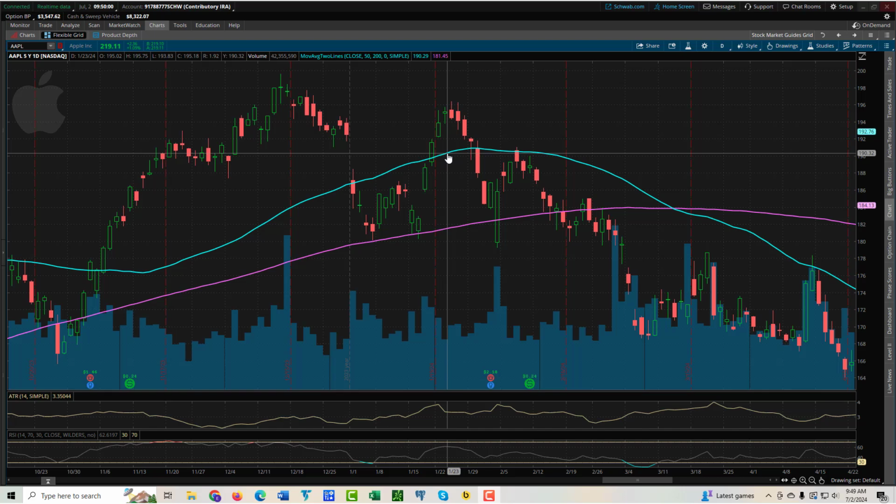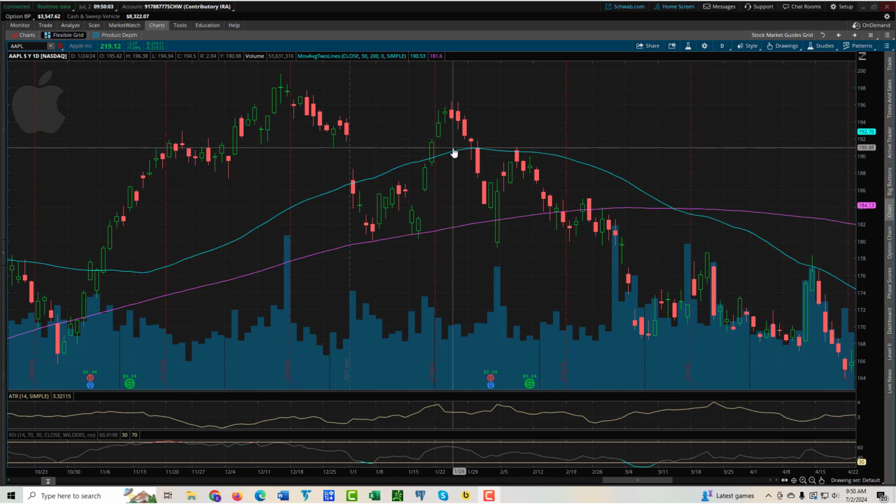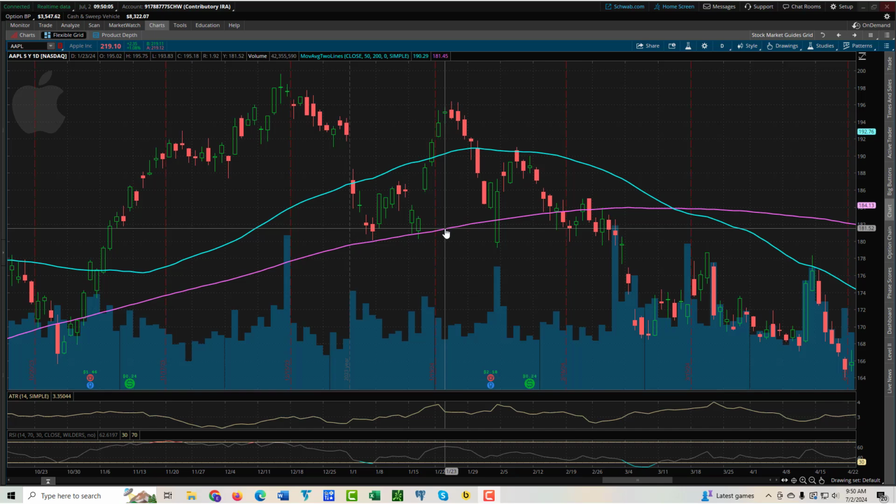Now with the death cross, there's a 50-period moving average, which is this blue line, and there's also a 200-period moving average, which is this purplish line here. The 200-period moving average is a calculation of the last 200 days of price activity.